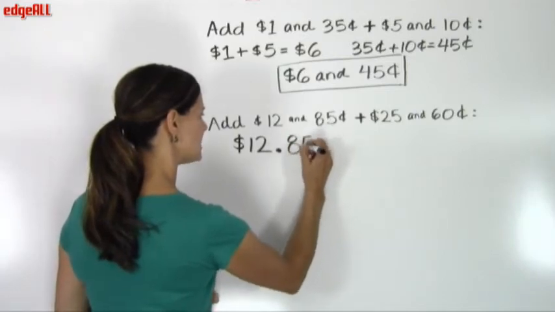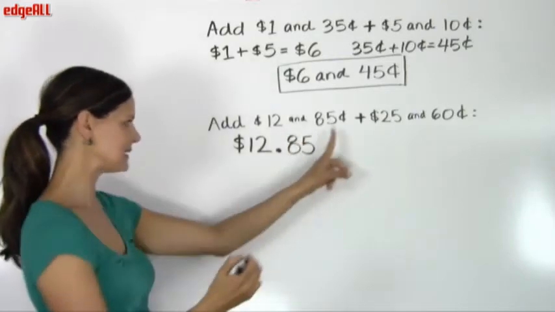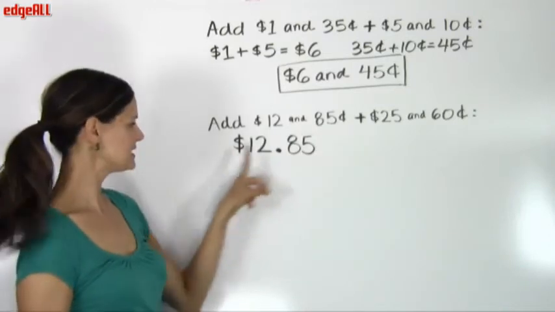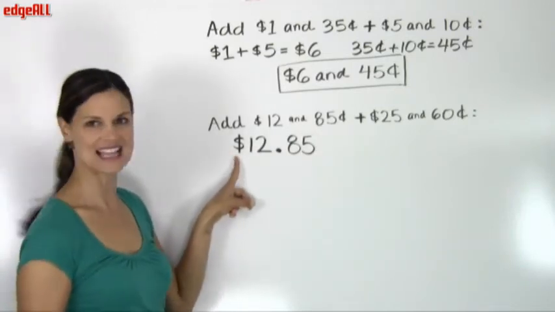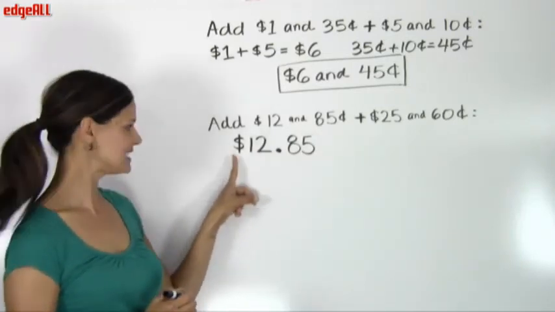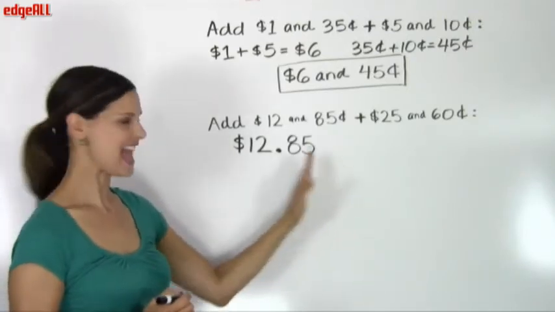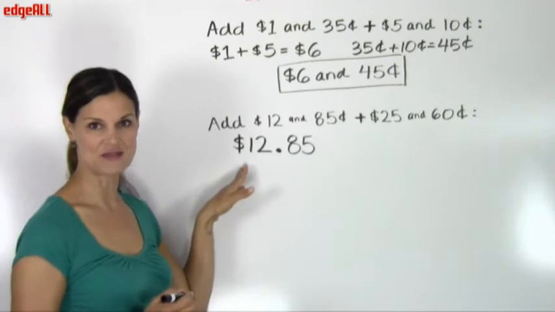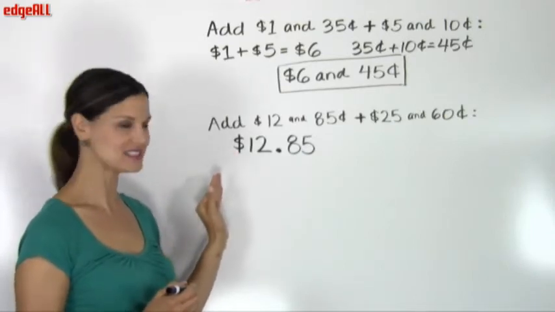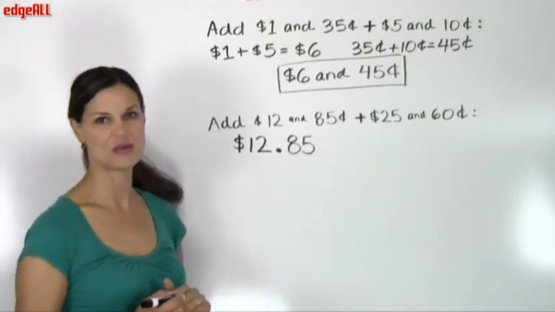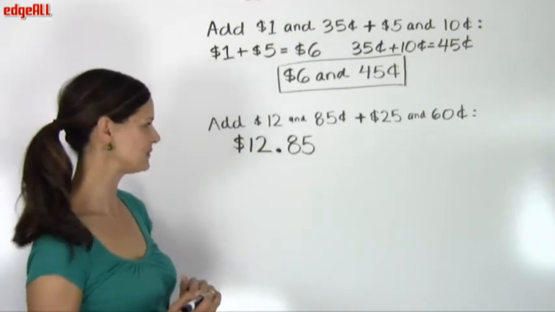But I don't need to write a cents symbol after that, because since I've put my dollar sign symbol in front, that tells me that this is having to do with money, and that everything to the left of the point is the dollar amount, and everything to the right of the point is the cents amount.